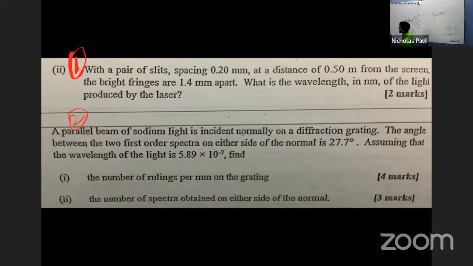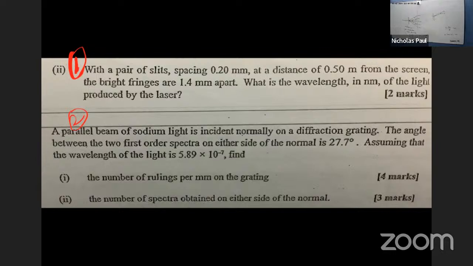So what are we doing in 1? Yeah, Aryan said y is equal to D lambda over a. Why? Because the keyword there is pair of slits, it's 2 slits. So y is D lambda over a.